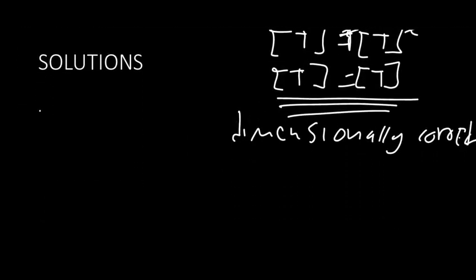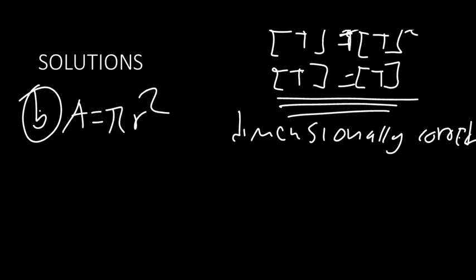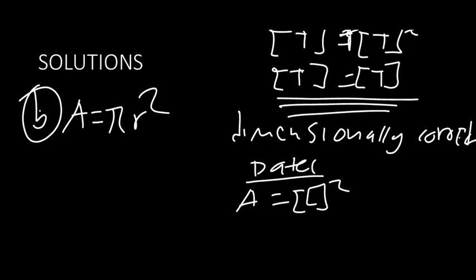Now what about for B? For B, we're told to show that the area is equal to pi r squared. Considering the dimensions, the dimension for area is just length squared, which is L squared.